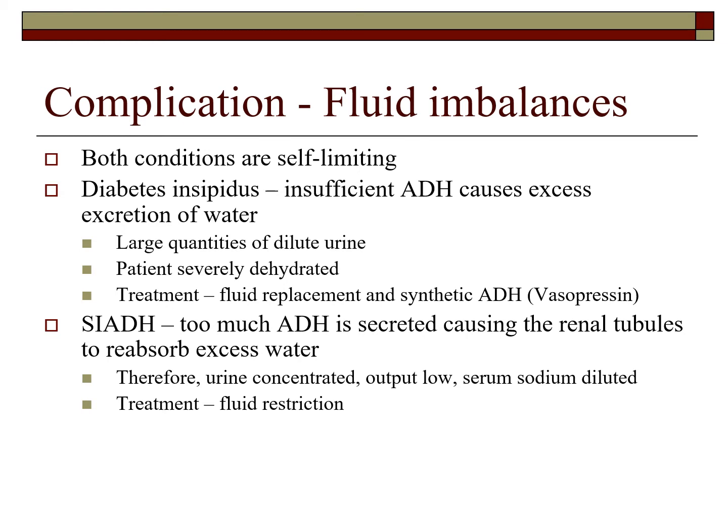If necessary, you might have to give vasopressin, which is the replacement for ADH, to restore the fluid balance. Typically, again, it is self-limiting, and within a few days it's over. But think of all the things you do to assess the patient for dehydration. I'm not going to give you the details on that.